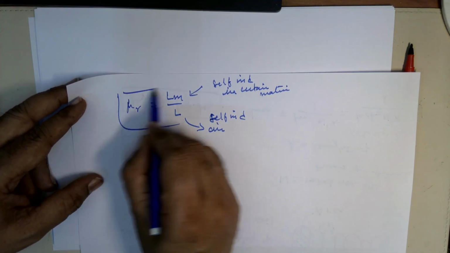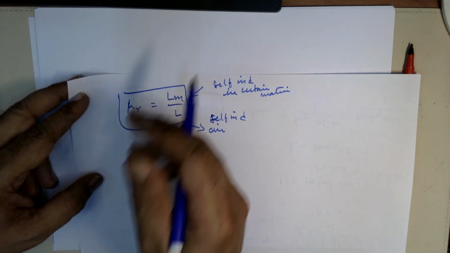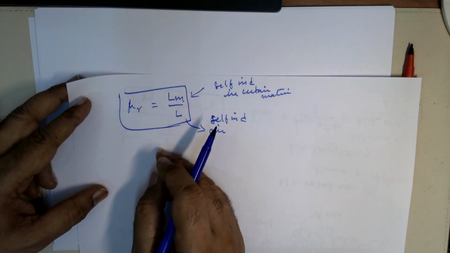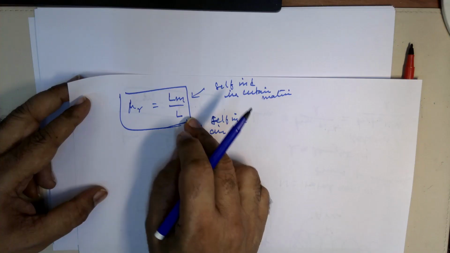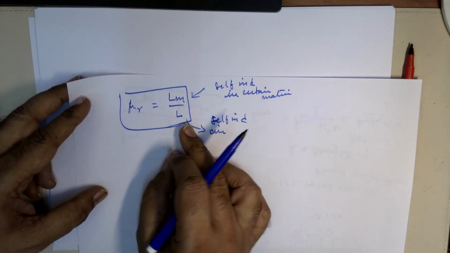So mu r can be determined based on the ratio between the inductance observed in a material divided by, that is Lm divided by L, L in presence of air.